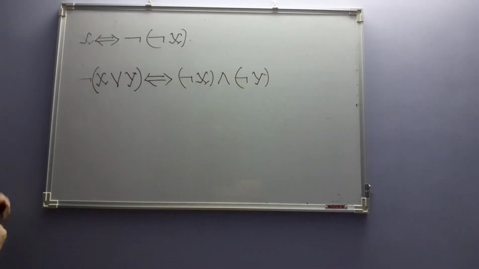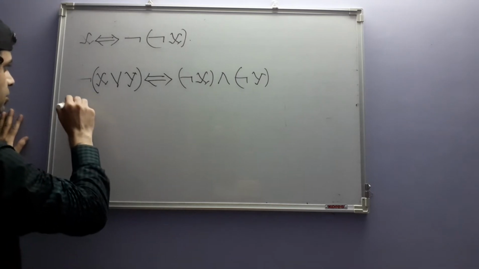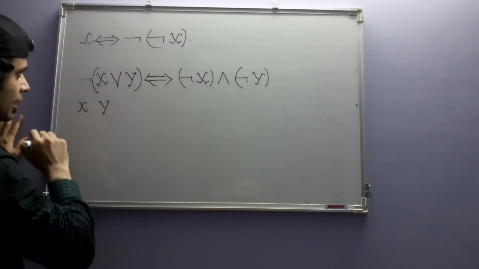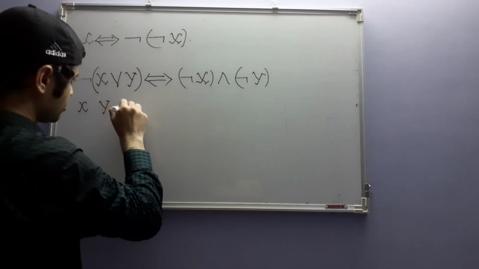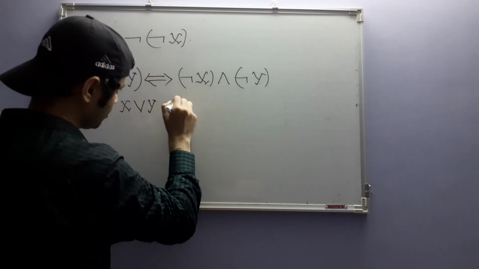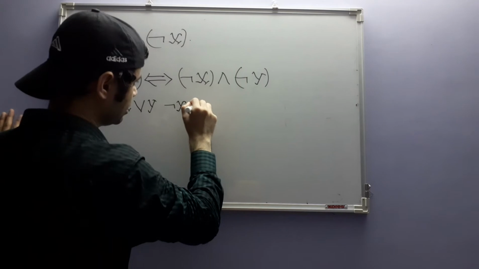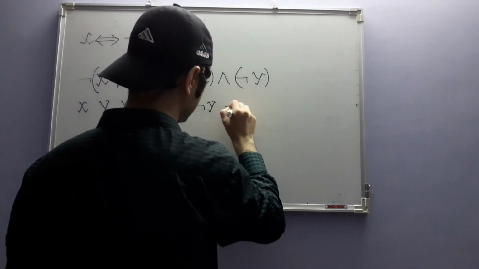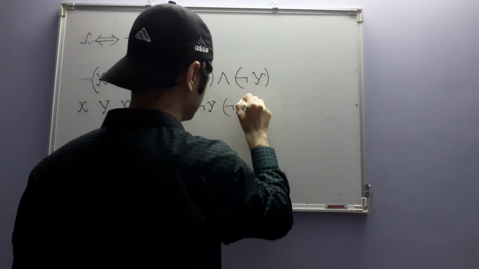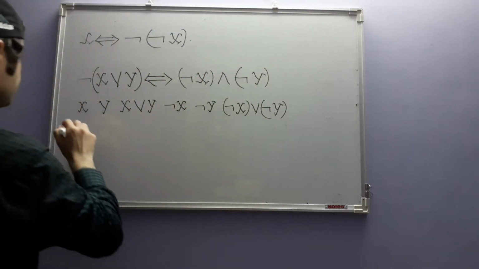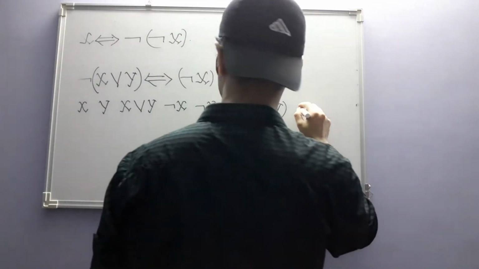Now here also we will have a lot of columns but only 4 rows. So we need columns for X, Y, X or Y, negation of X, negation of Y, their disjunction, and lastly this one.